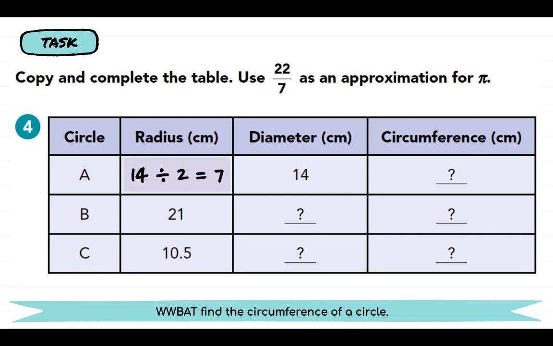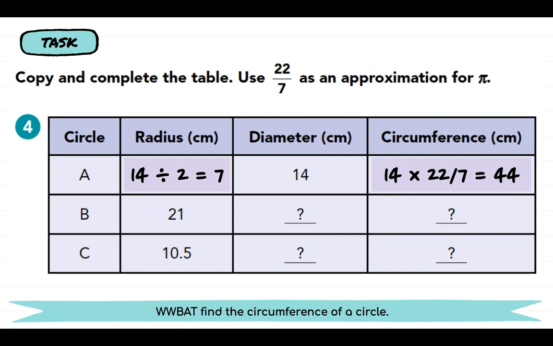That's 14 divided by 2, so the radius of this circle is 7 centimeters. To find the circumference, because I know the diameter, I can multiply pi times diameter, which is 22/7 times 14, which should give me 44.